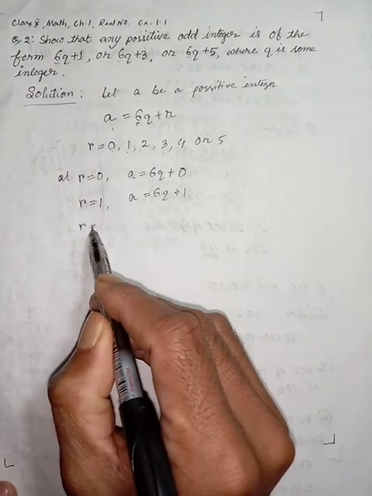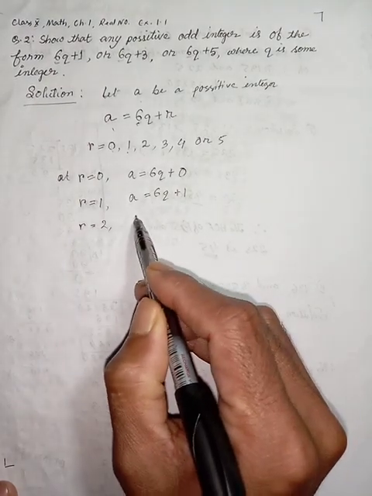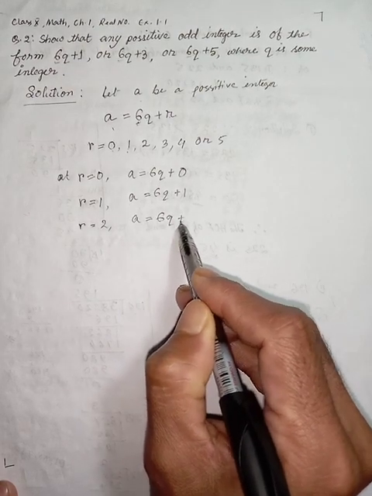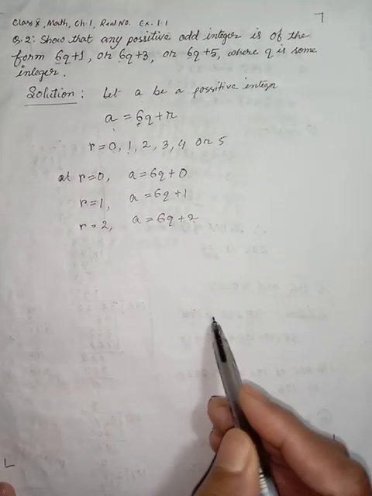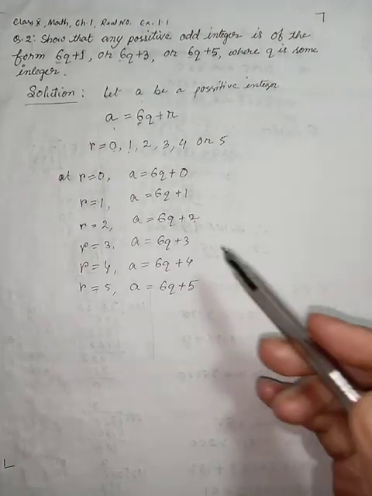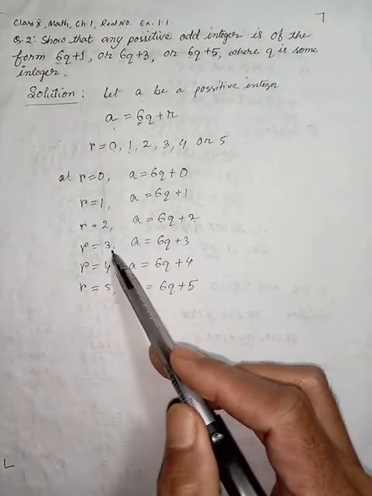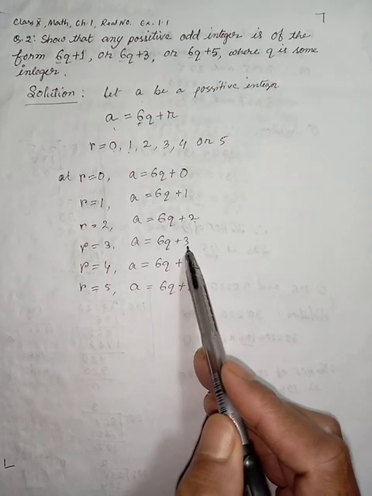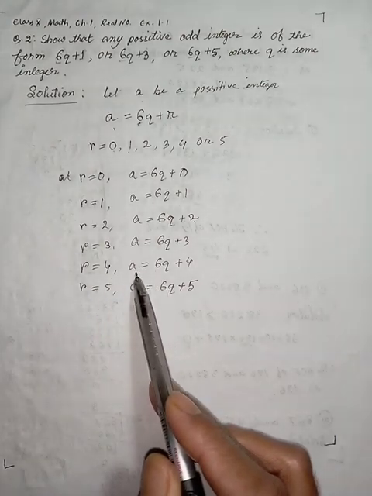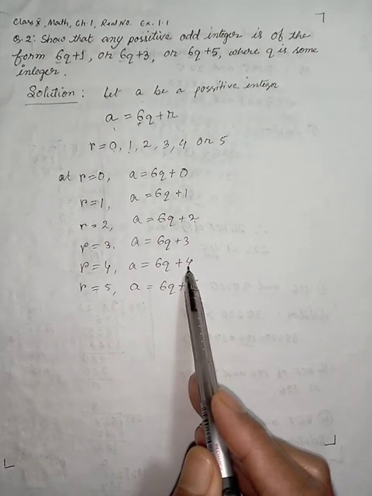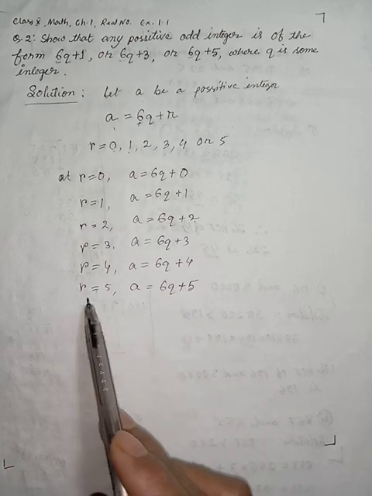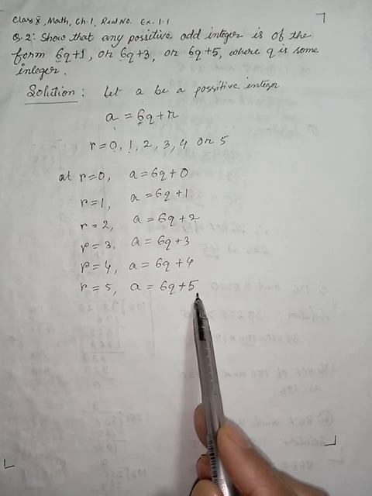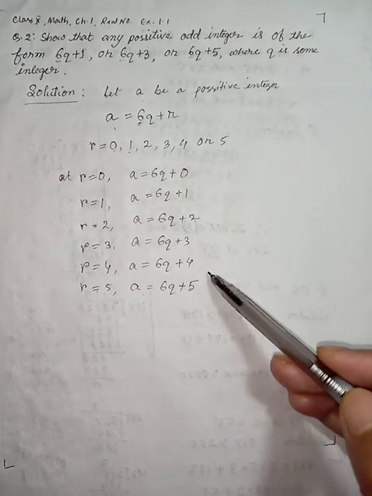Similarly, when the remainder is 2, then a will be in the form of 6q plus 2. When the remainder is 3, the positive integer will look like 6q plus 3. When the remainder is 4, a will be 6q plus 4. And when the remainder is 5, a will be equal to 6q plus 5. These are the 6 possible cases.